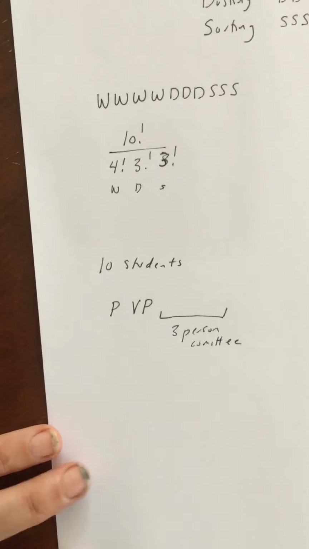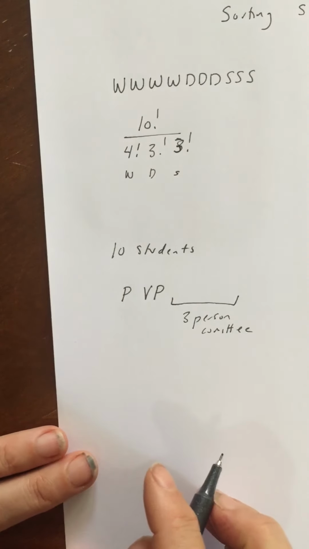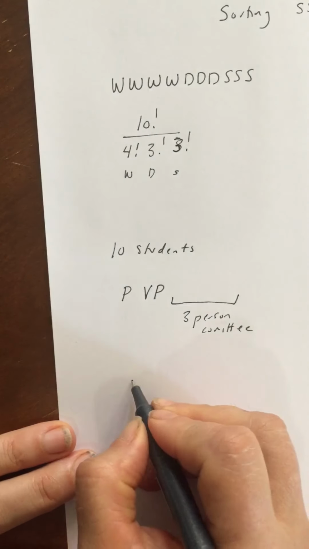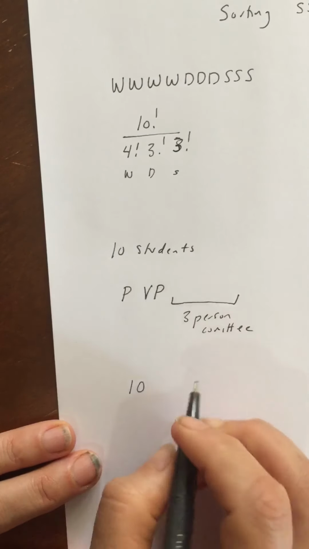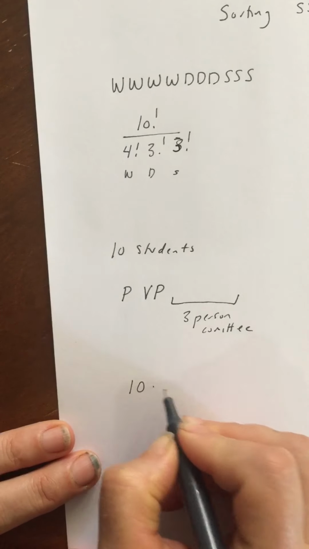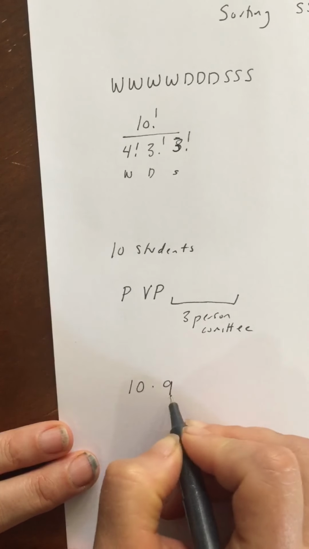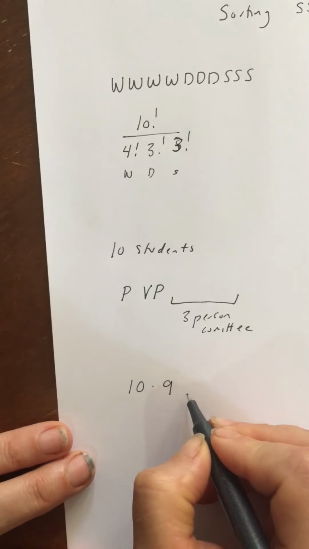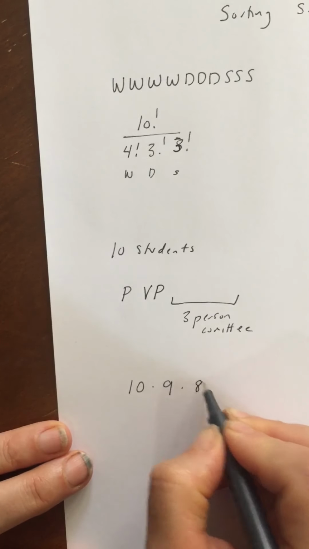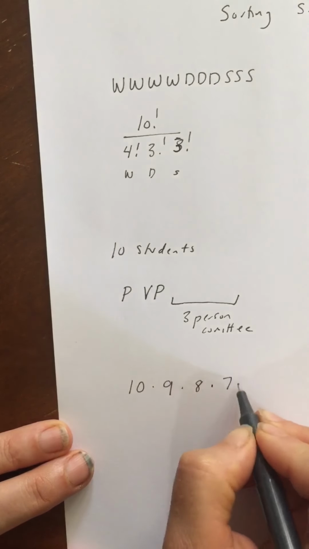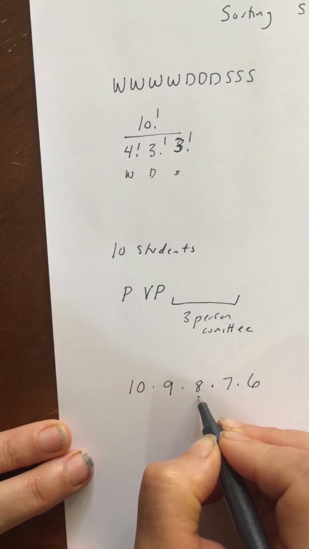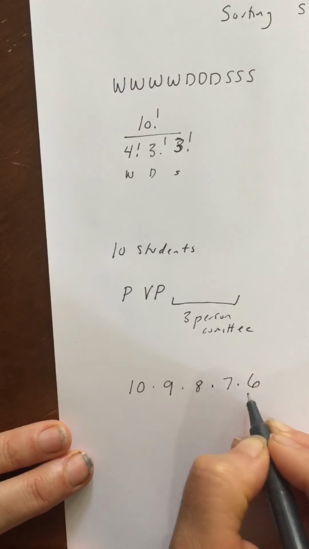Okay, all right, so if you think about it, for the 10 students, there's really 10 ways I could assign president, or vote it or whatever, and 9 ways then I could do vice president. Okay, now at this point there's only 8 students left, so I could assign the next role in 8 ways, the next role in 7 ways, the next role in 6 ways.